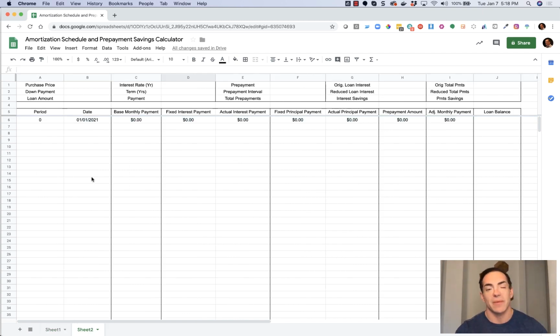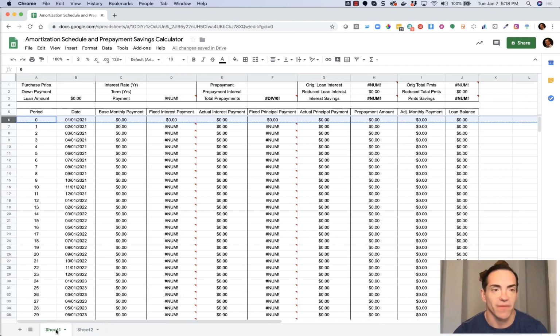We're going to rebuild it, and I'm going to explain it as I go, so that you can not only understand how to use this tool for your own purposes, but also the concepts behind it. To sum this up, this is about understanding how money works when you buy real estate or any other asset that you pay off over a term, and what you can do to adjust the long-term value or long-term cost of the loan and the asset by having a tool that allows you to measure different prepayment strategies.